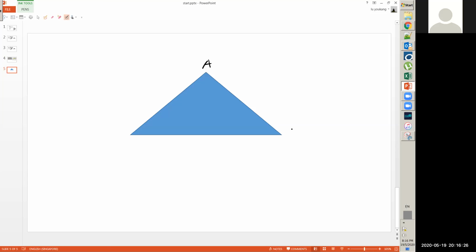A, B, and C. I need a point P. Roughly, if this is point P, it should be equidistant to A, B, and C.